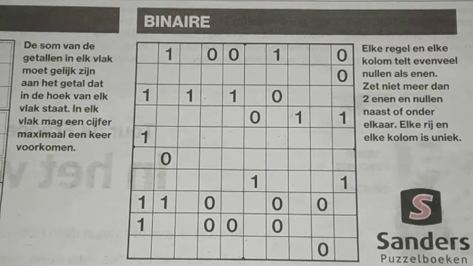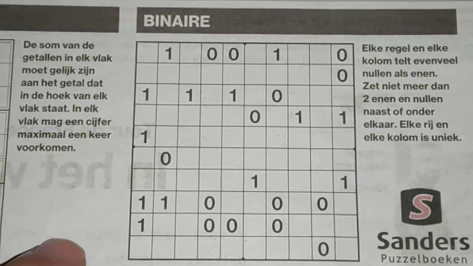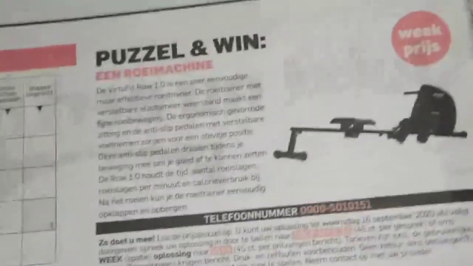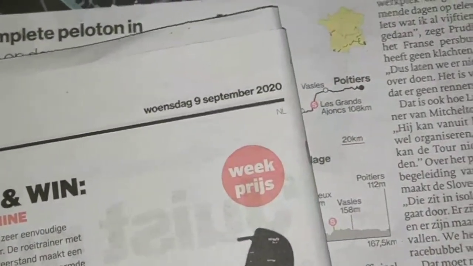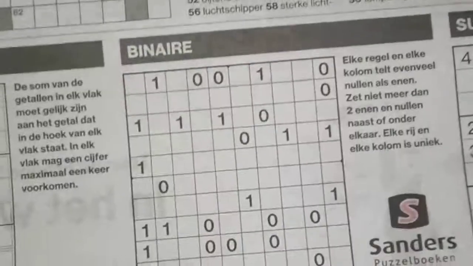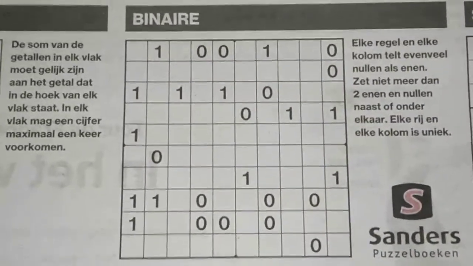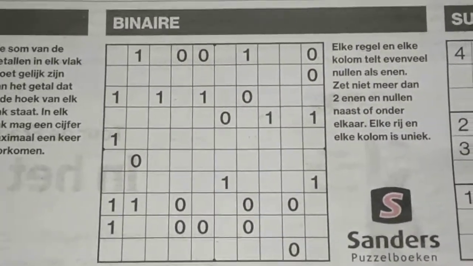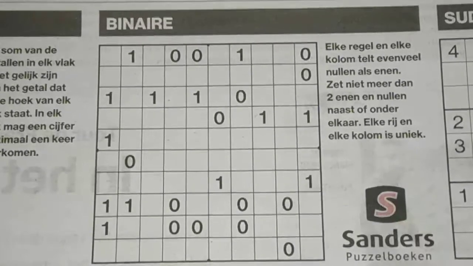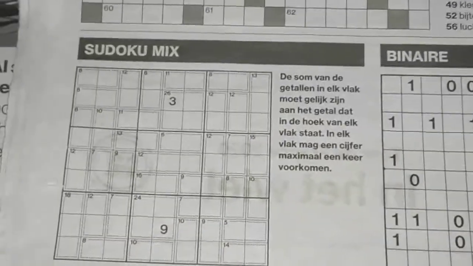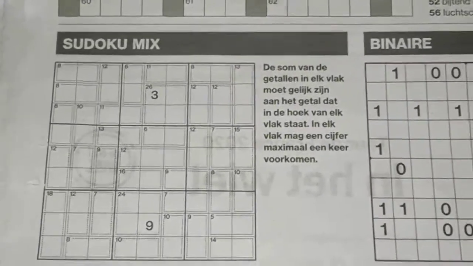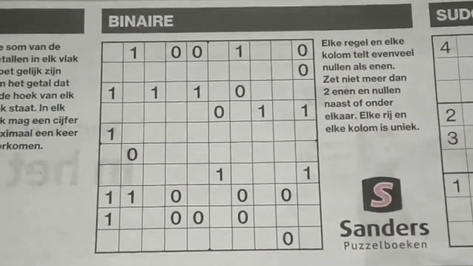Today in the daily newspaper, yes, it's Wednesday, September the 9th, 2020. We have here three regular Sudokus: a binary Sudoku, a medium Sudoku, and a killer Sudoku, aka Sudoku mix.